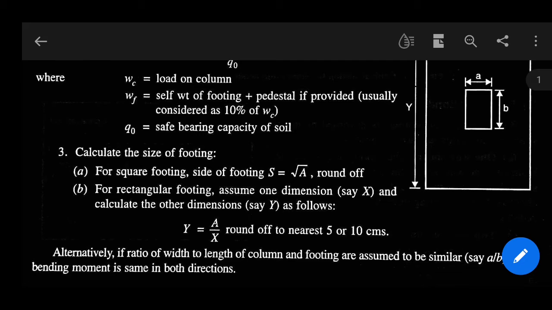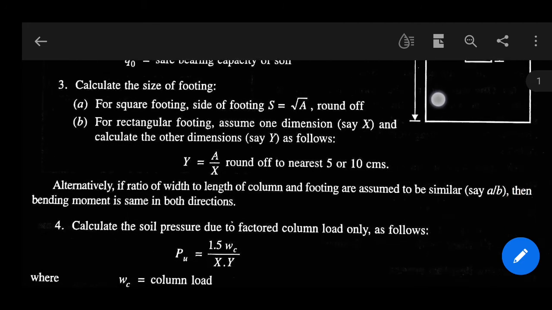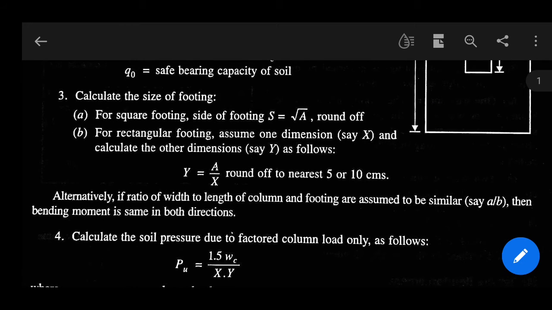Y is equal to A by X, and round off to the nearest 5 or 10 centimeters maximum. Alternatively, if the ratio of width to length of column and footing are assumed to be similar, say A or B, then bending moment is the same in both directions.